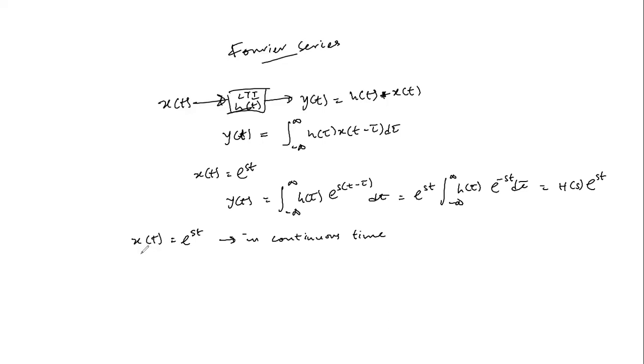While in discrete time systems, we represent the eigenfunction as z to the power of n, for which z to the power of n is the eigenfunction in the discrete time system. Should note that s and z are complex numbers.